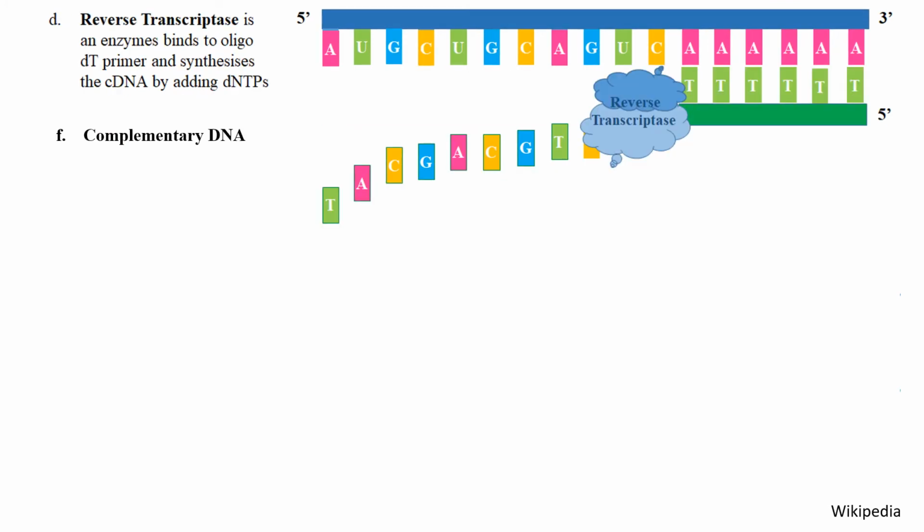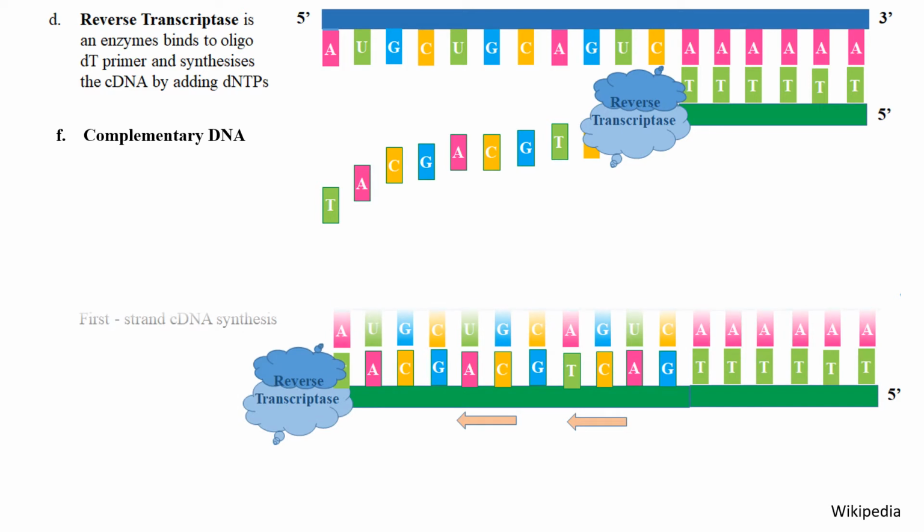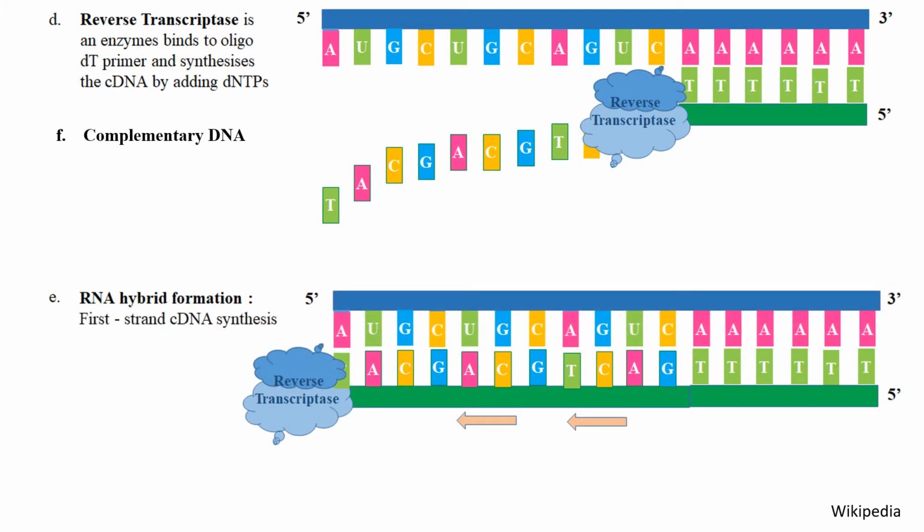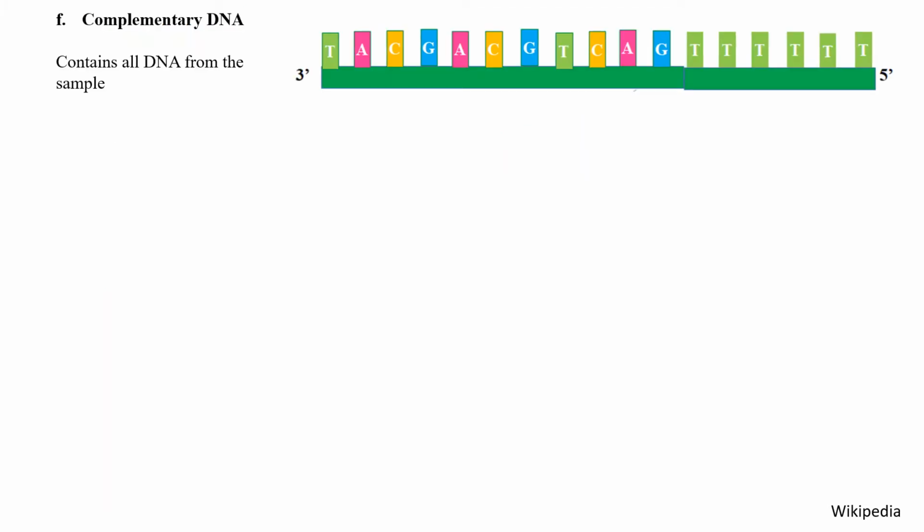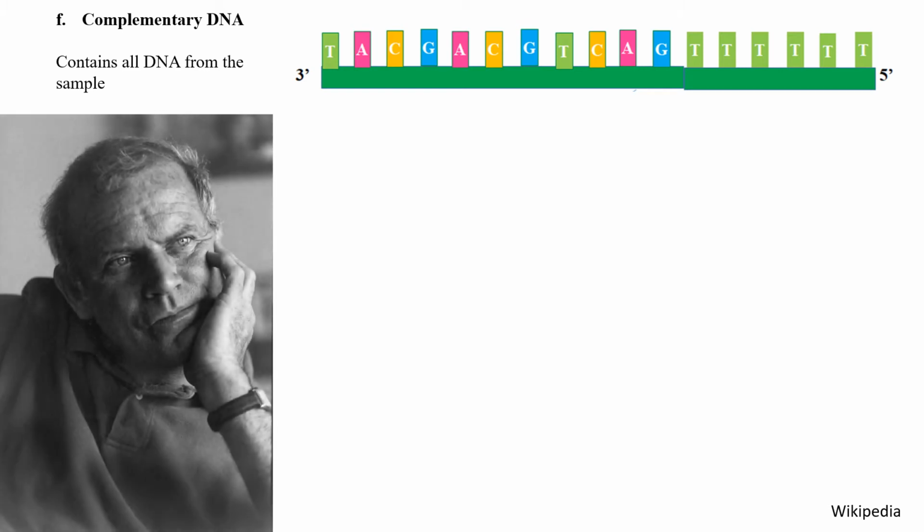So once we have this complementary DNA, we now finish the transcription, and what we get is a hybrid. It's a hybrid double-stranded. One strand is the messenger RNA, and the other strand is our complementary DNA. So this contains complementary DNA to all of the messenger RNA we got from the nasal swab.